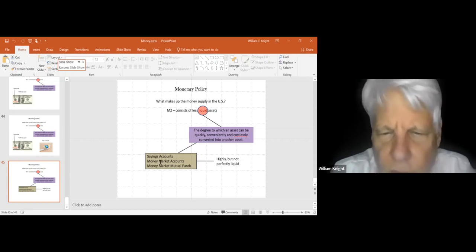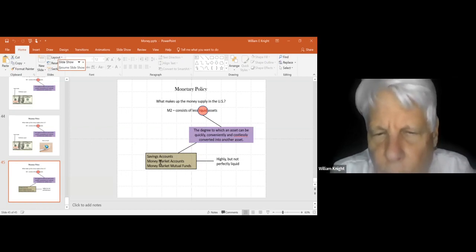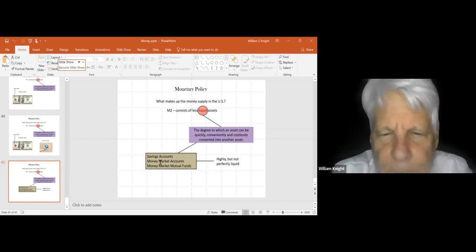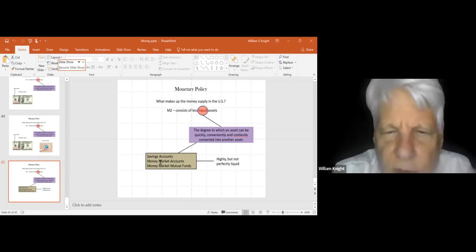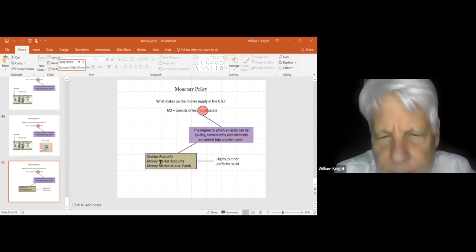They invest it in longer term assets. And so they're not going to have $1 million in cash sitting around for you like they would in your checking account. That $1 million you have in your savings account, they've loaned it out at a higher price. That's their inventory. They're loaning that out. And so you've got to give them some time. And because you've got to give them some time to come up with the money to pay you, the savings account is not as liquid as the checking account.